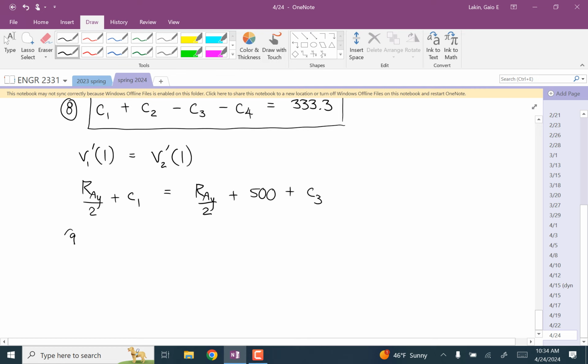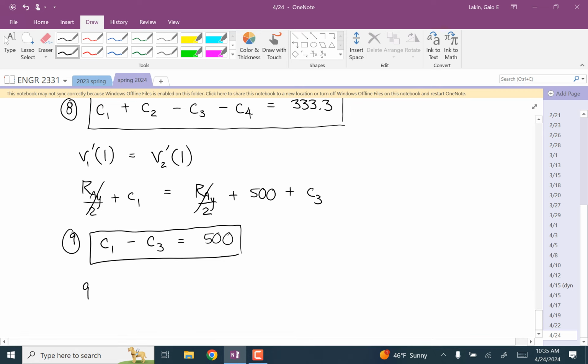And so our ninth equation, these cancel, and you get C1 minus C3 is equal to 500. And so now we have 9 equations for 9 variables.